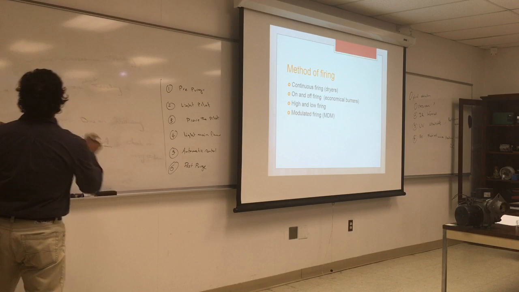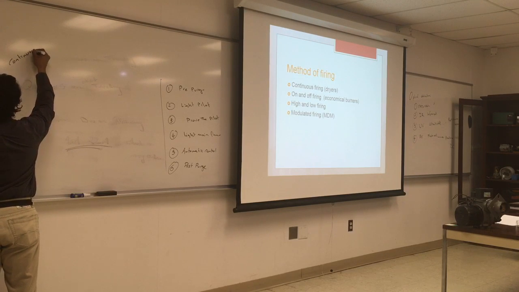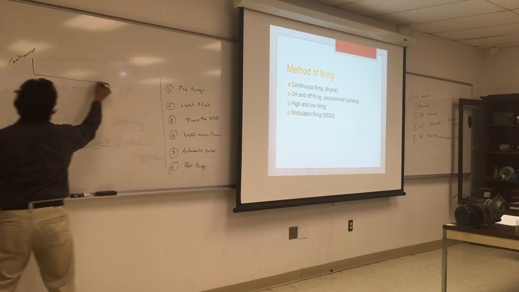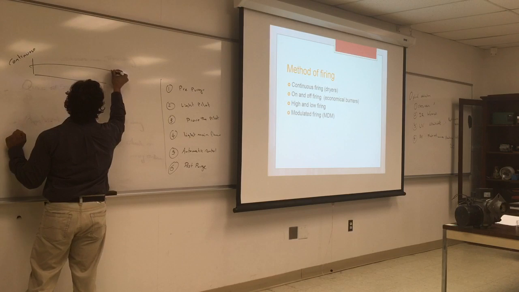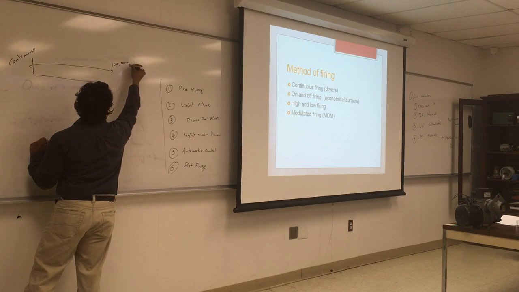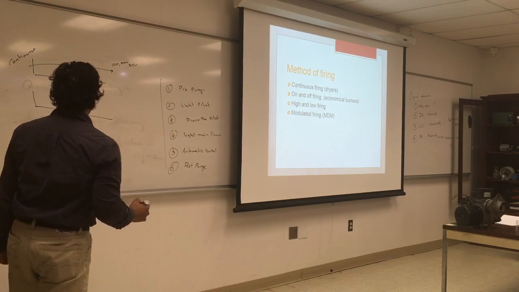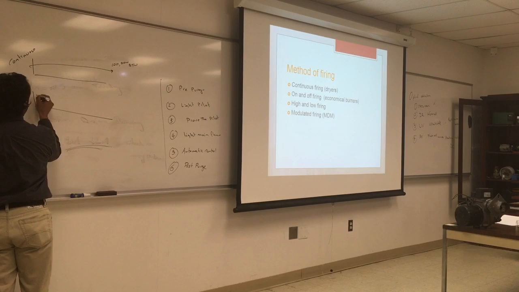So for continuous firing rate, it will be the same firing rate, for example, 100,000 BTU. On and off, it will be the same thing, but it will be off.